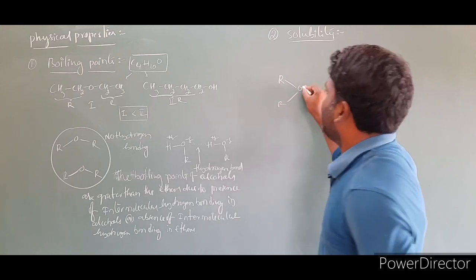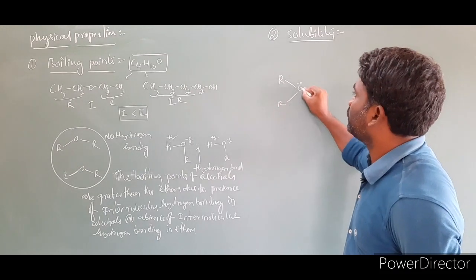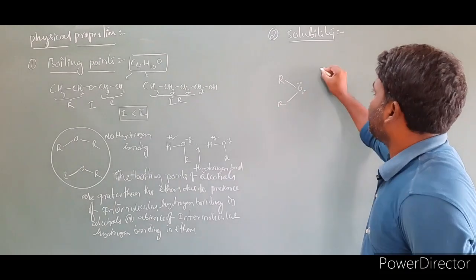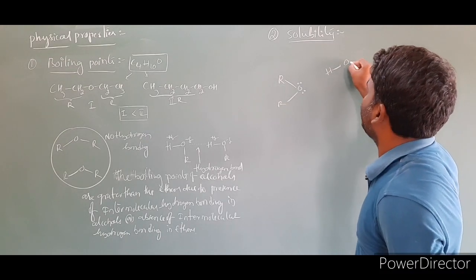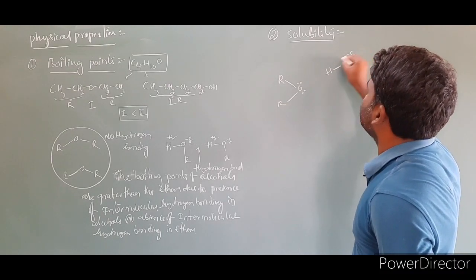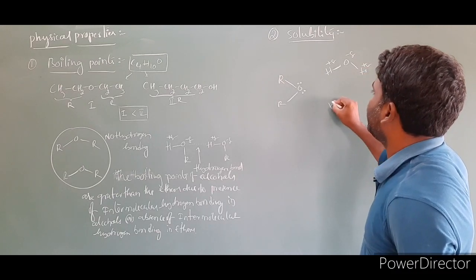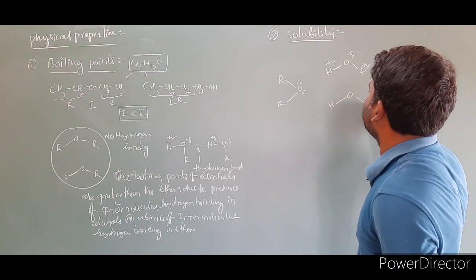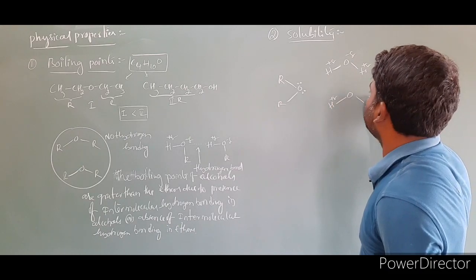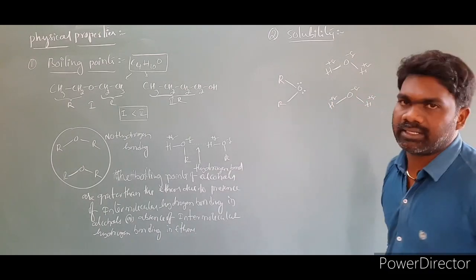ROR. Upon oxygen, two lone pairs are present. I am taking a water molecule, HOH. Oxygen is partially negative, hydrogen is partially positive. I am taking another water molecule, HOH. So hydrogens are partially positive, oxygen is partially negative.